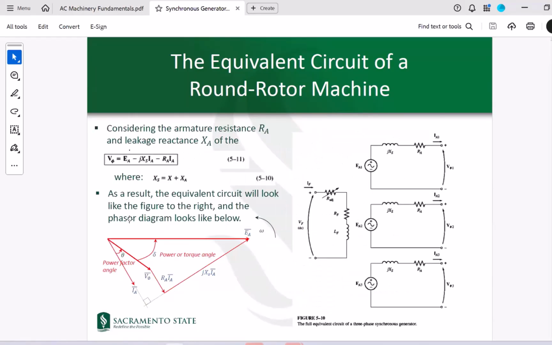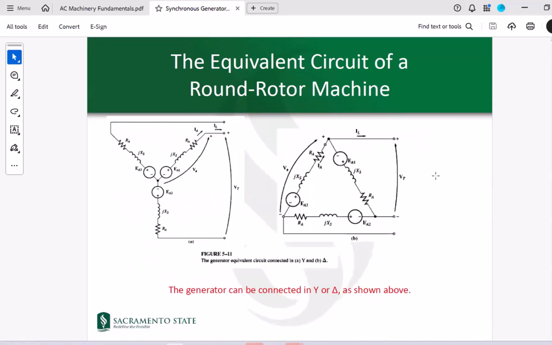Now that you are producing that voltage on the windings of your generators, you can construct your generator in two fashions. Either you can connect it in Y or in delta, right? When you connect it in Y, it's as if you're connecting the three armature windings in this way.